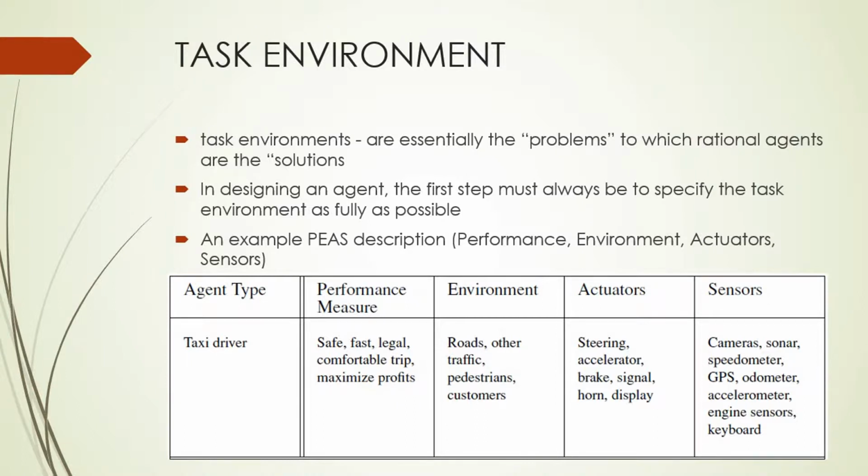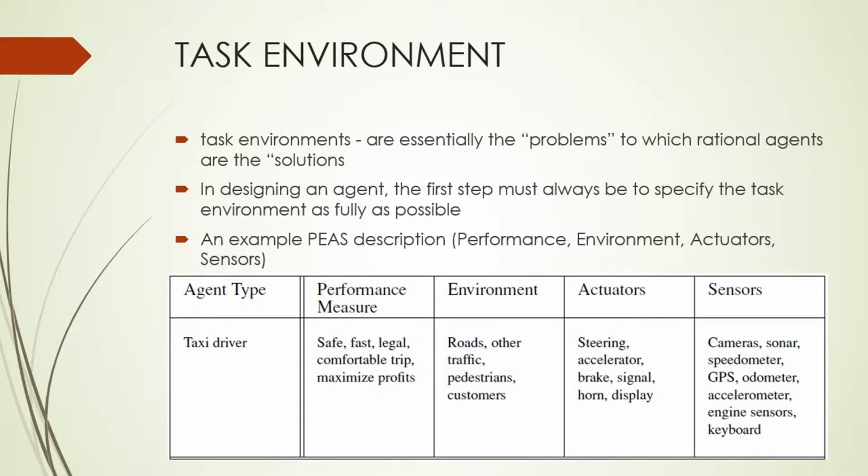So when moving with the agent approach, which we are working with in this course, we also need to understand the environment. There's what is called the task environment. What is it? Task environments are essentially the problems to which rational agents are the solutions.